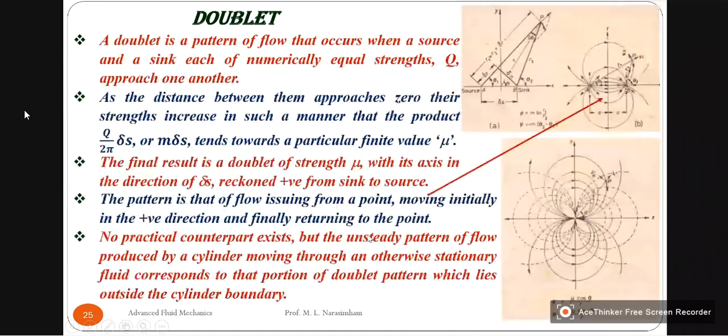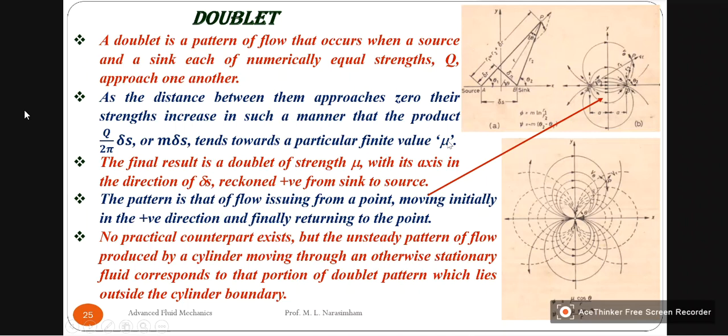How? This is what we have considered here. As the distance between them approaches 0, their strengths increase in such a way that the product of q by 2 pi s into delta s, that is m delta s, tends towards a particular value mu.